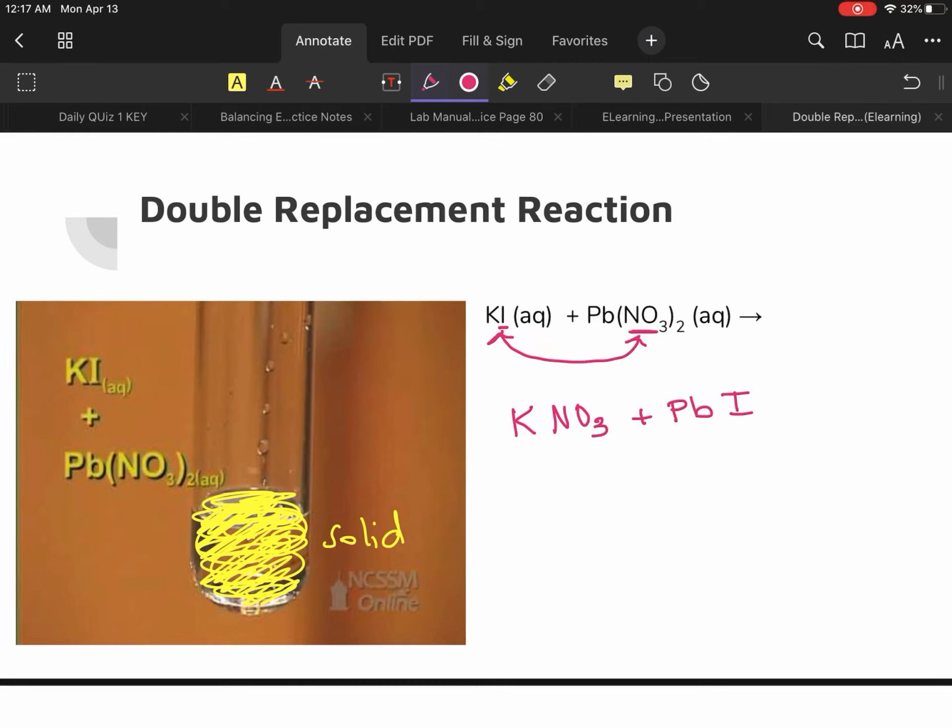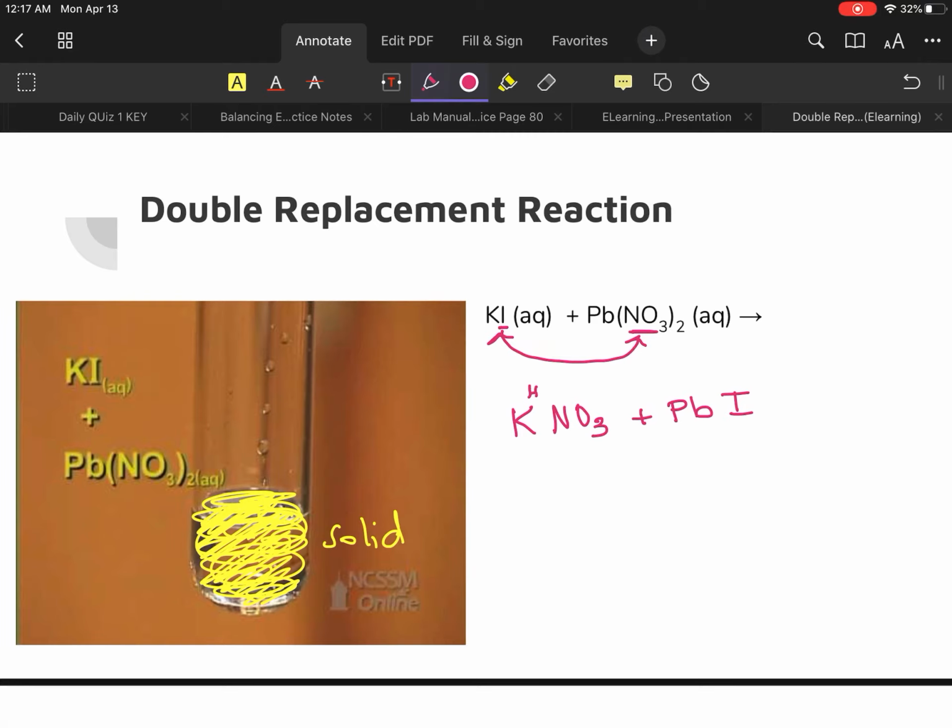But remember, we have to look at our charges to know how to write our formulas. So this is where you'll have to look at, I believe it's page 145 and 146. I think I put it in the lesson plan instructions.